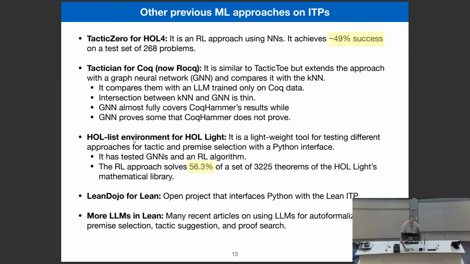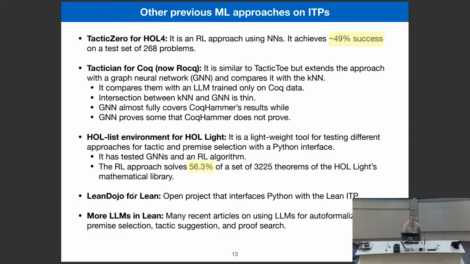And finally, the HOList environment and LeanDojo for Lean: their project is about retrieving data from these provers, training models based on the data obtained from the provers, and improving the proof completion.